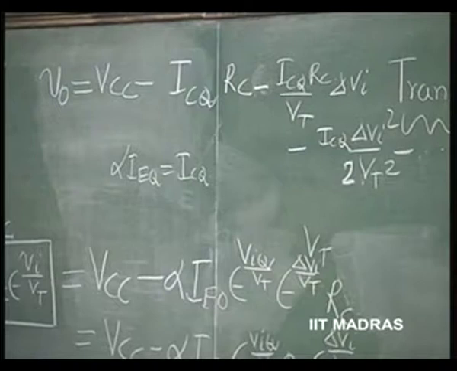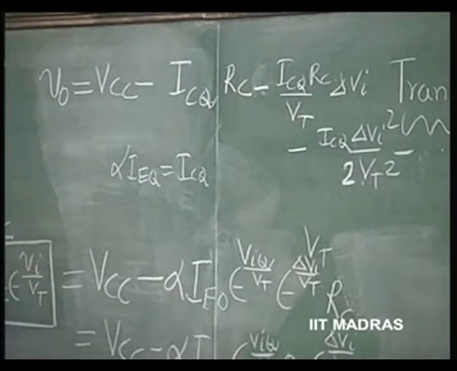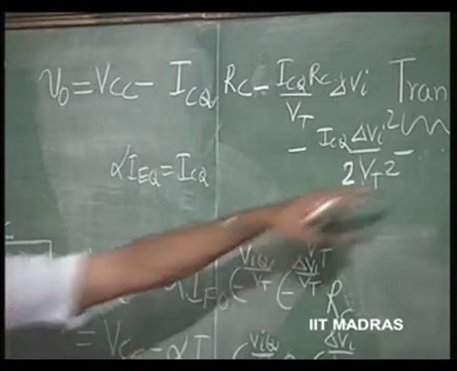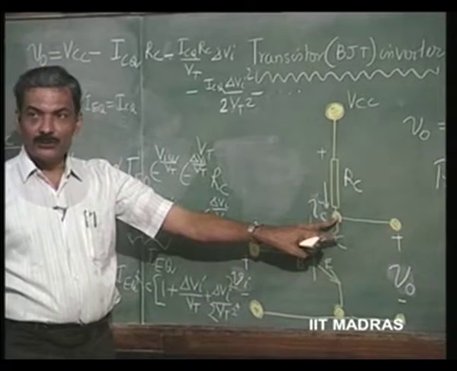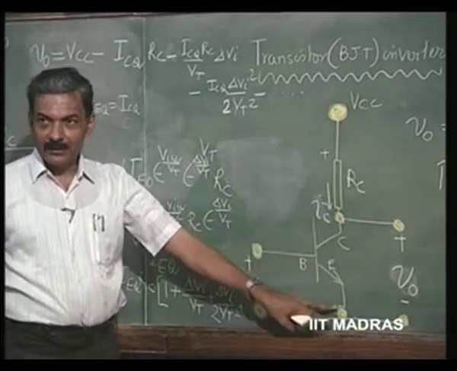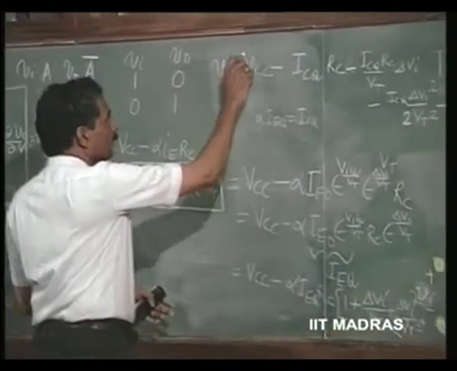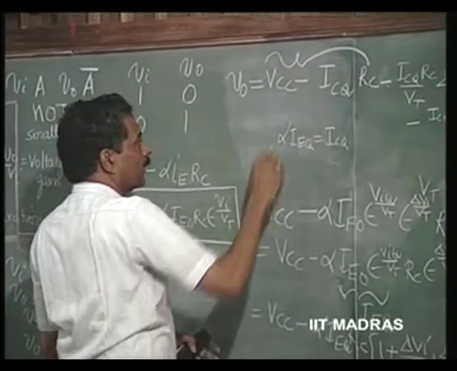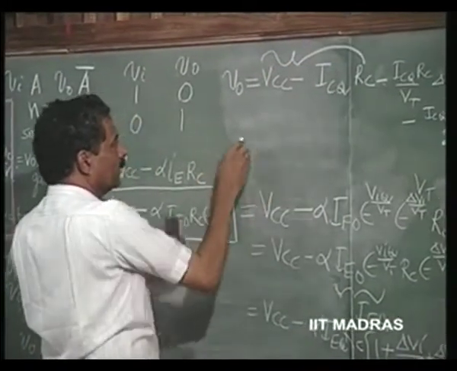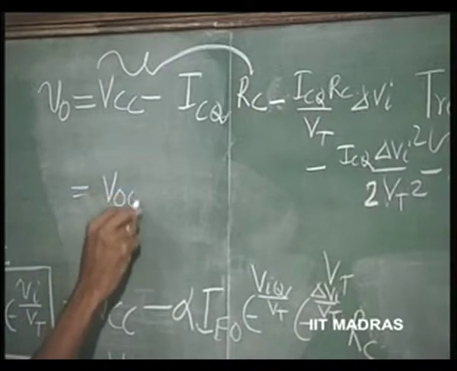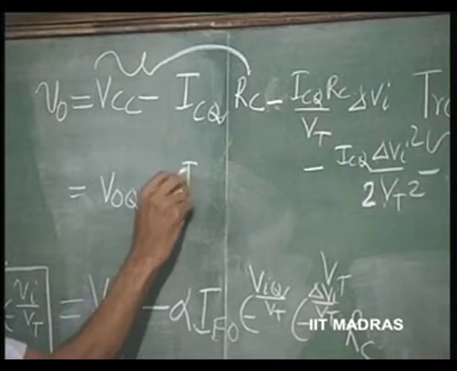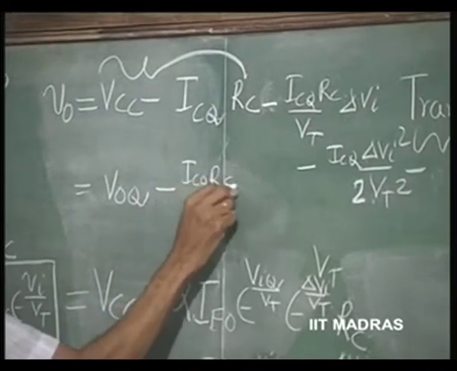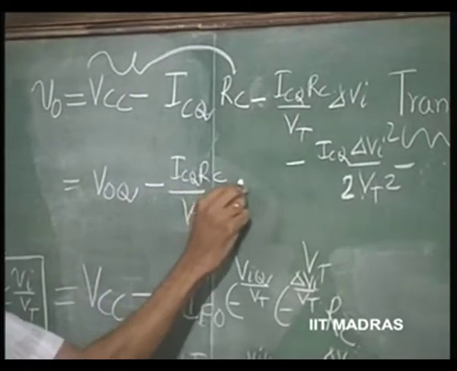Now you can see here VCC minus ICQ RC we can call V naught Q, the quiescent output voltage. So, this whole thing is going to be represented as V naught Q, the quiescent output voltage, minus ICQ RC divided by VT times delta VI.